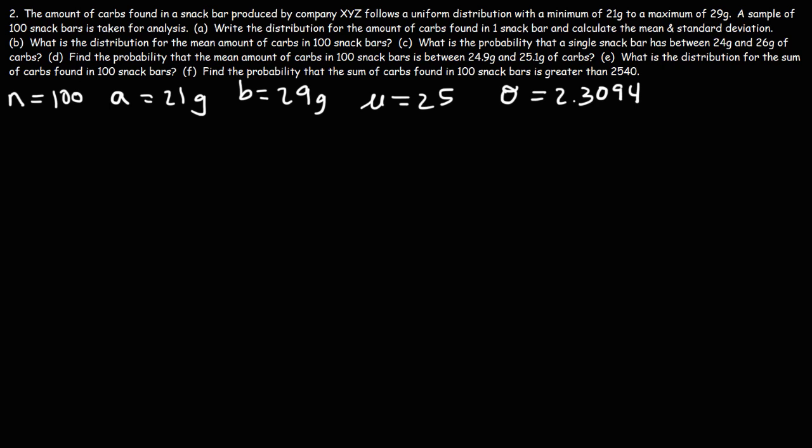Find the probability that the mean amount of carbs in 100 snack bars is between 24.9 grams and 25.1 grams of carbs. So now we're dealing with the sampling distribution of the sample means, and it's going to have the shape of a normal distribution. So what we're going to do is calculate the probability that x bar, since we're dealing with means now, is between 24.9 and 25.1.